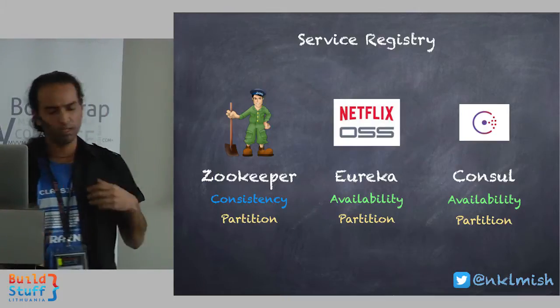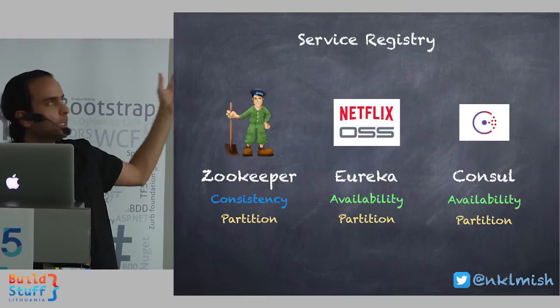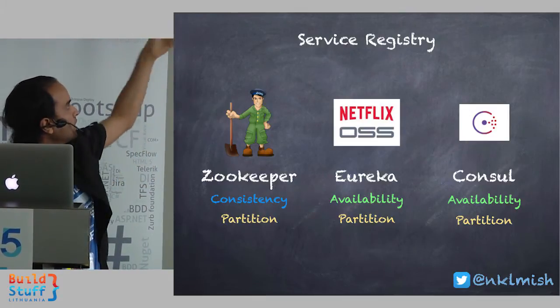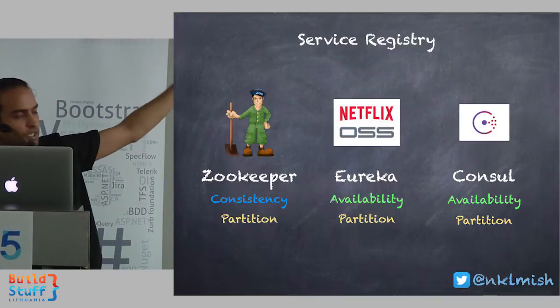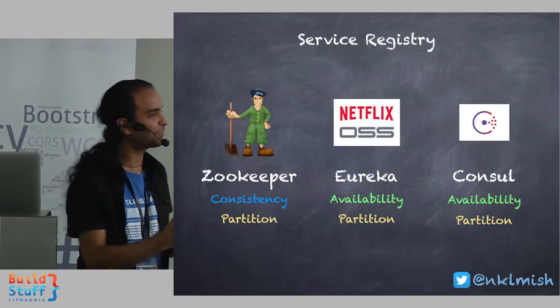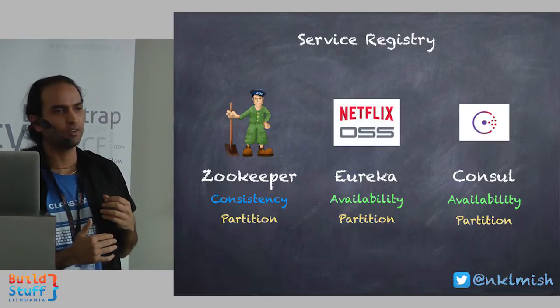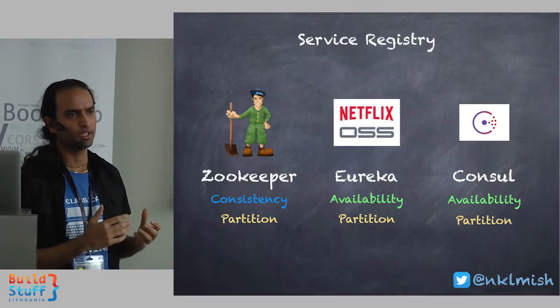So which of them should you use when you start to develop your own microservice? You should use this one, or the middle one, or the third one, or you like the logo of Zookeeper more than Netflix. Again, the answer depends on how you are going to deploy your services.